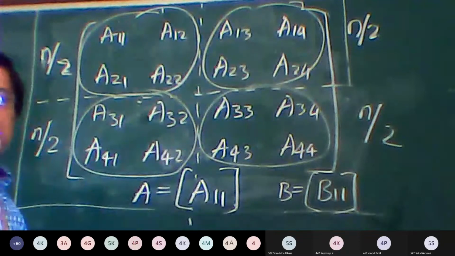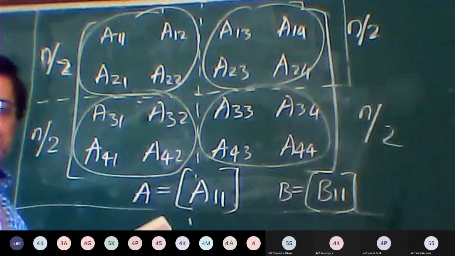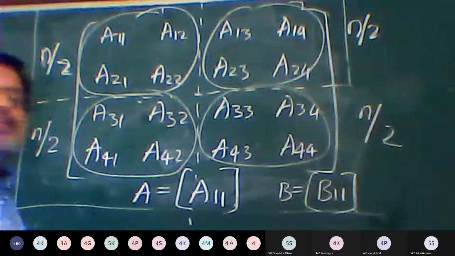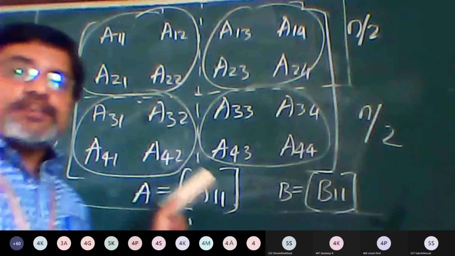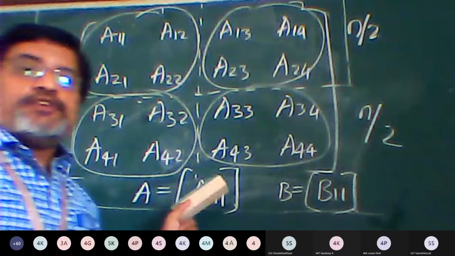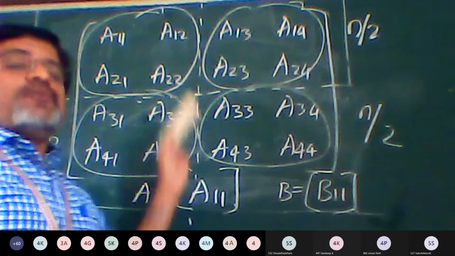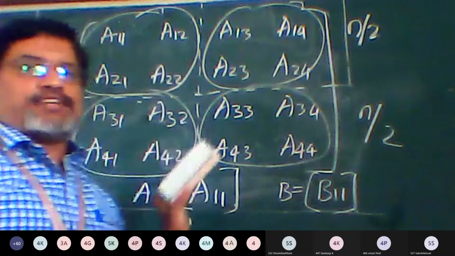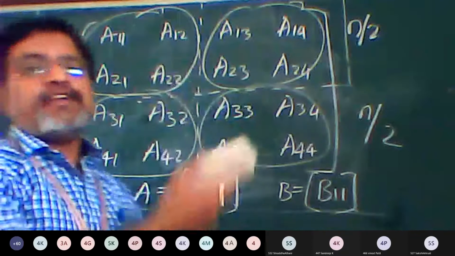Once we arrive at that, we can easily perform the matrix multiplication using the 7 formulas he has proposed, which consist of 7 multiplications and 18 additions or subtractions, and then combine the results together.